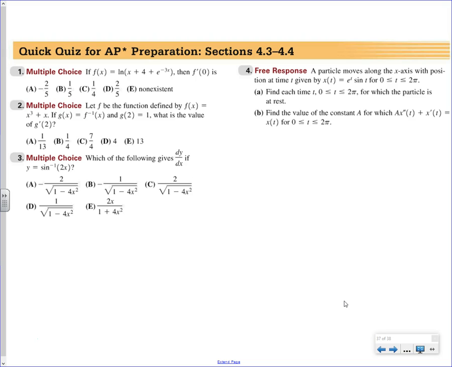E to the x, e to the t. Did you mean t? Because that would not make sense. Oh, it's e to the t, yeah.